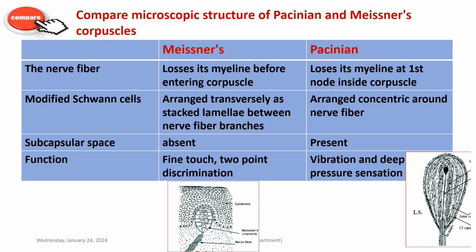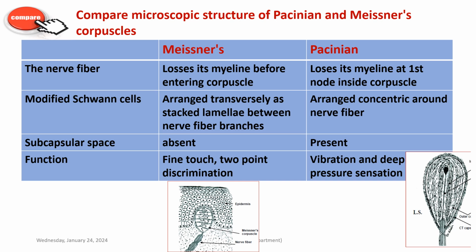As regards modified Schwann cells, Meissner corpuscle contains Schwann cells arranged transversely as stacked lamellae between nerve fiber branches. But in Pacinian corpuscle, the modified Schwann cells are arranged concentrically around the nerve fiber.